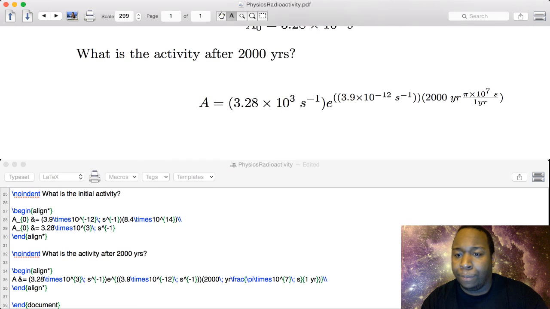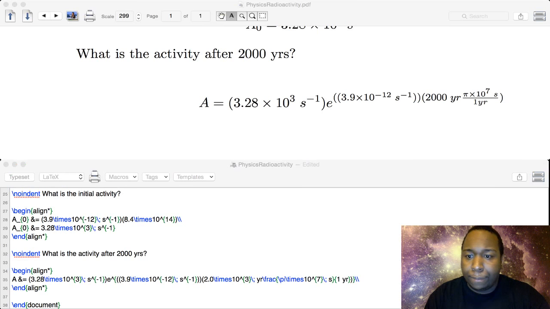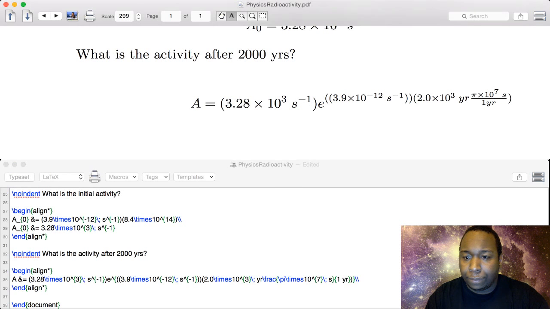And so, lastly, I'm going to convert the 2000 to scientific notation: 2.0 times 10 cubed. All right.